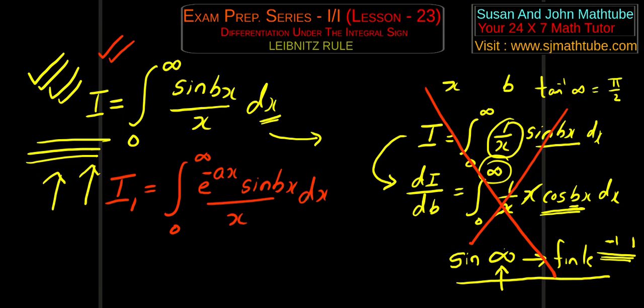I am adding a new thing as a product, that is e power minus ax, and I am calling that integral I1. And my trick is very simple. I am sure that I am able to calculate I1 with the help of Leibniz rule, because this is something like the problem which we did just now. And at the last, I will put a equal to 0, because if I keep a equal to 0, this will become 1 and this will become the original question. Okay, so let's start.